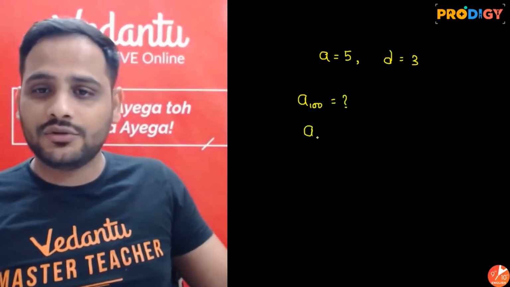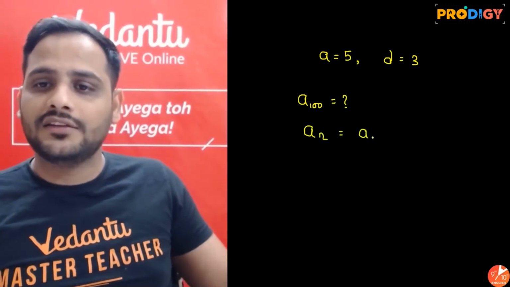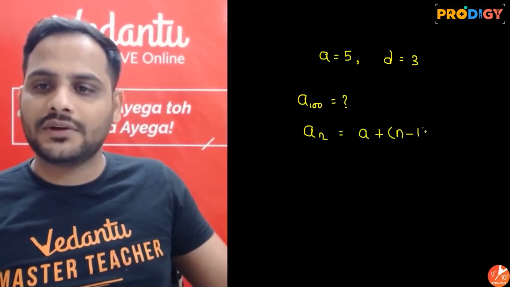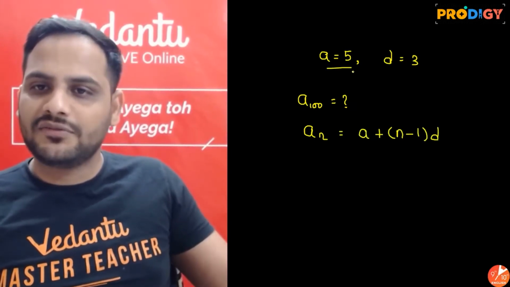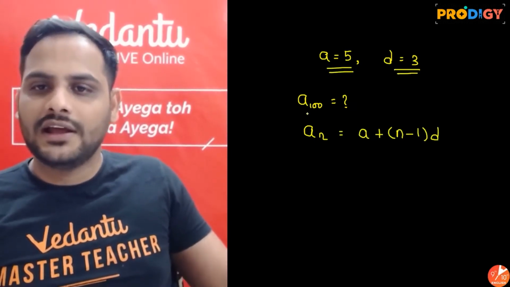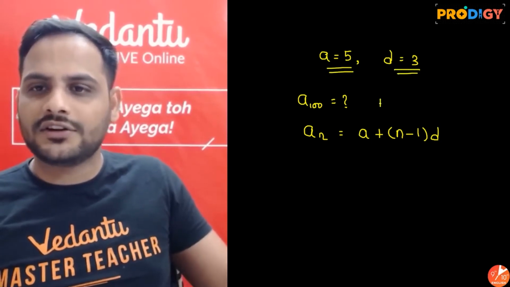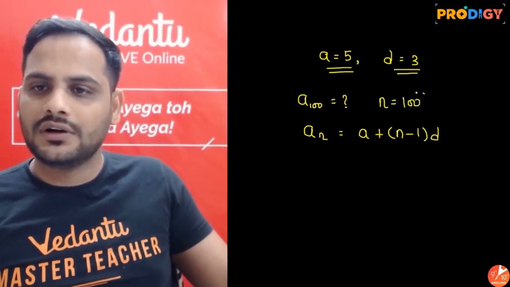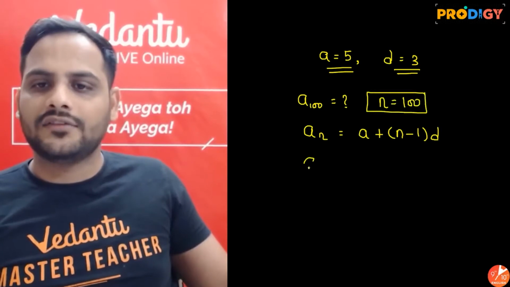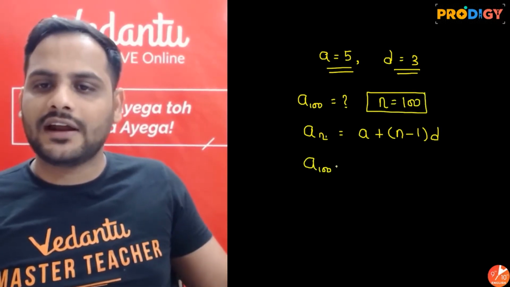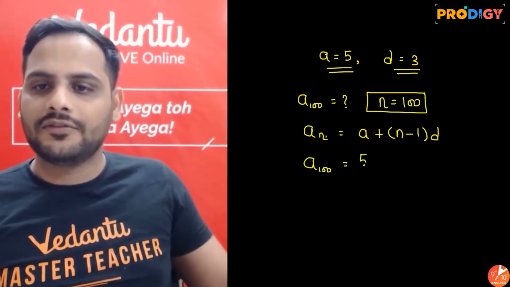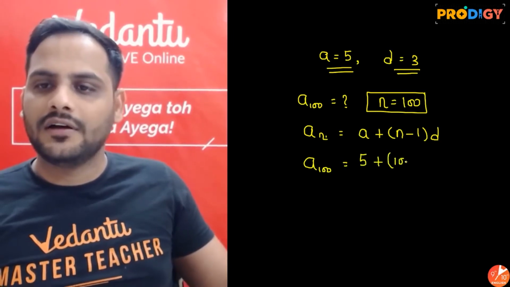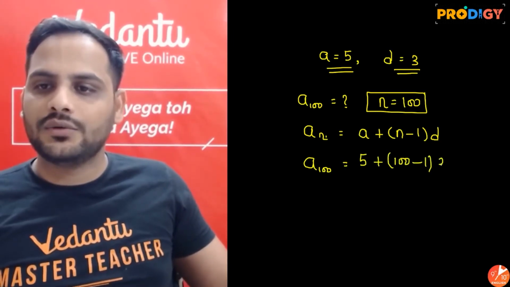You can directly use this formula: a_n = a + (n - 1) d. The first term is 5, the common difference is 3, and I want the 100th term, so n is equal to 100. Wherever n is there, write 100: 5 plus (100 minus 1) into 3.